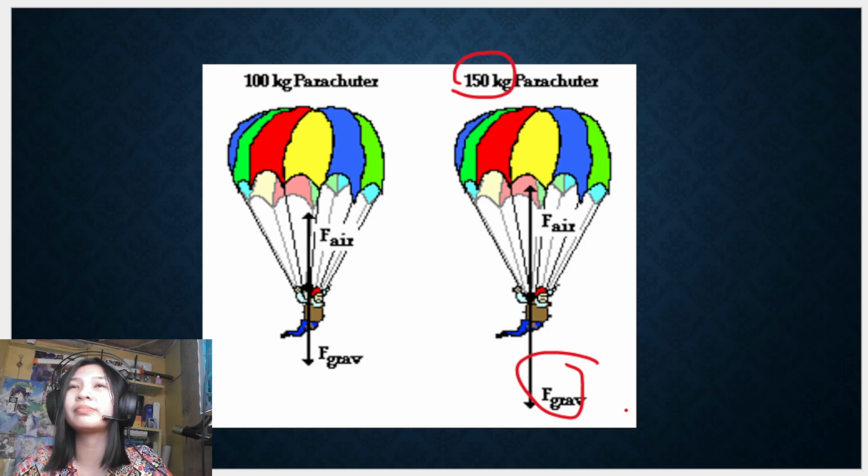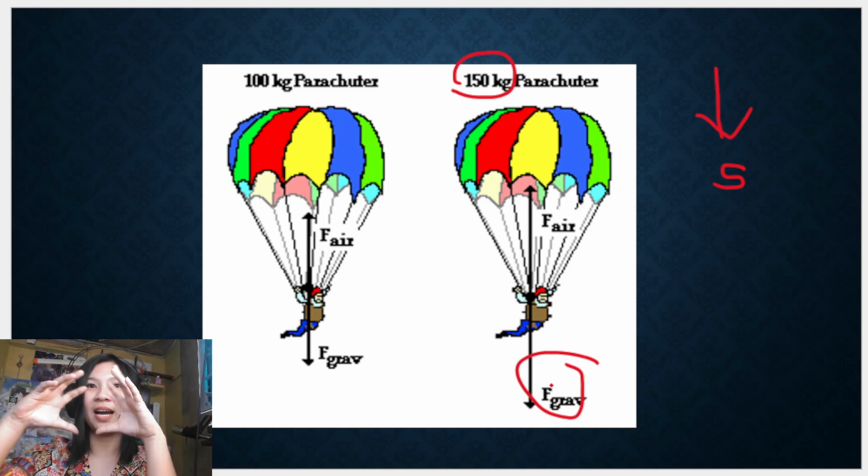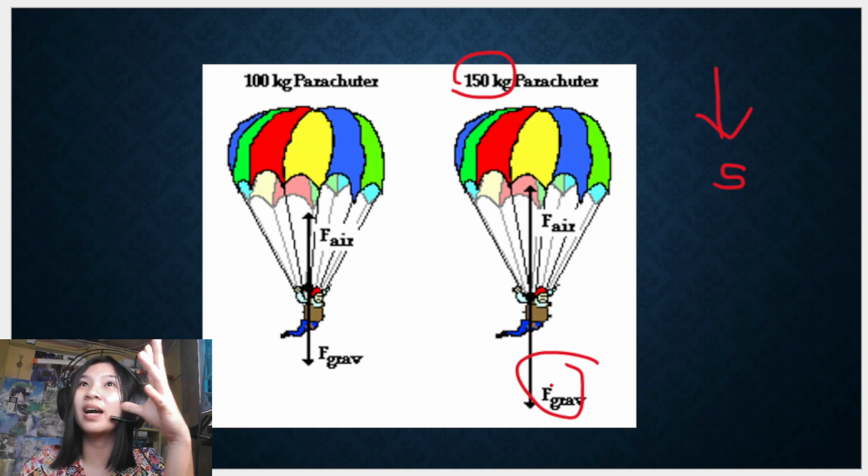You get me? Okay? So when that happens, he picks up speed. What do I mean by that? Because his F-grav is so big, there is a bigger force needed to balance with his F-air.